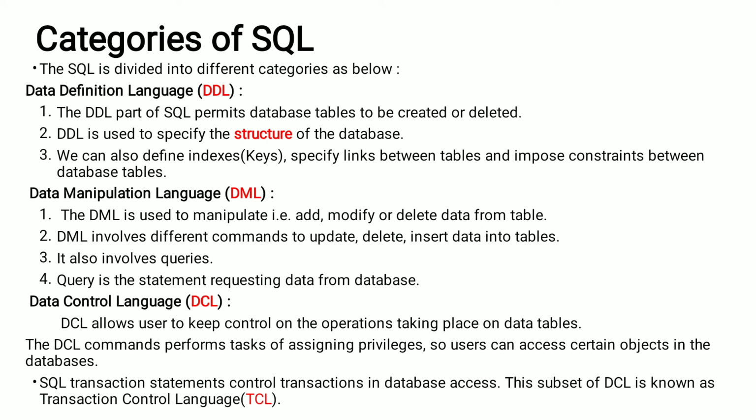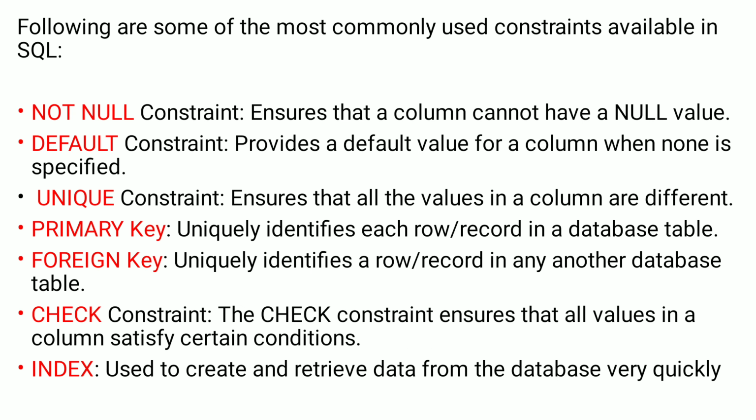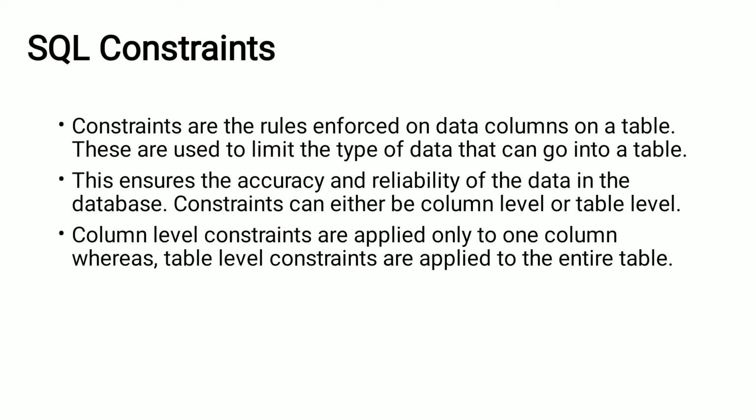Clear? We have discussed all the SQL categories: DDL, DML, DCL and TCL. Now SQL constraints. Constraints are the rules. Constraint is nothing but rules enforced on data, used to limit the data in a table.